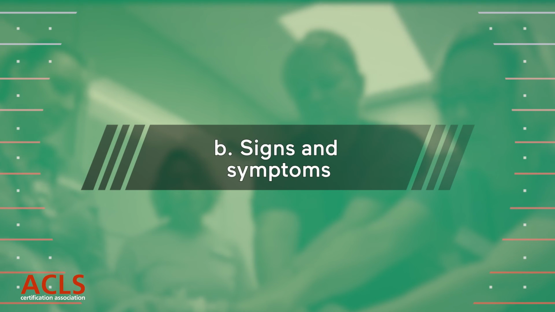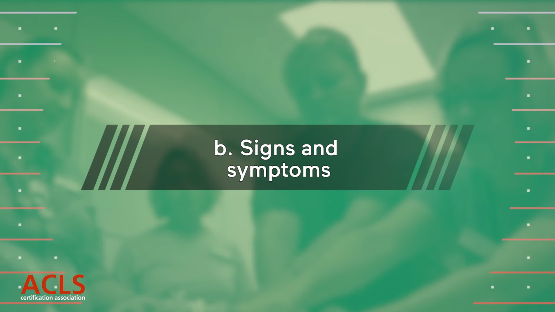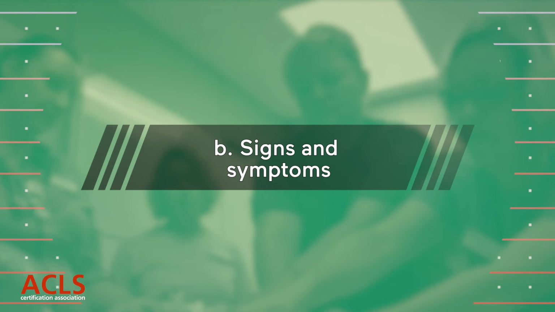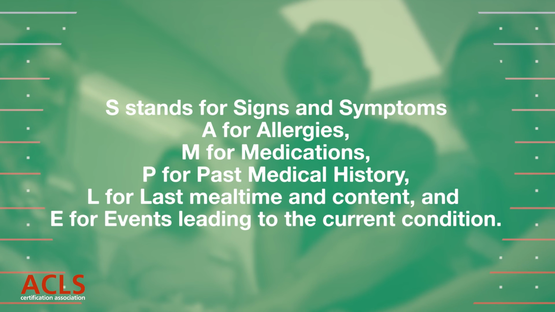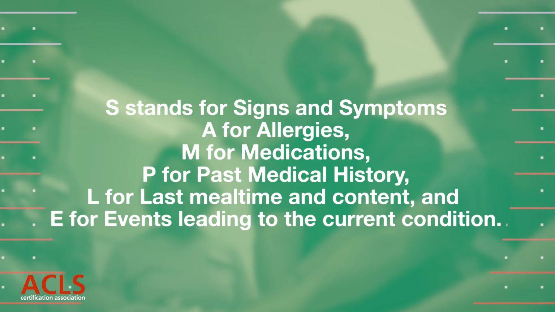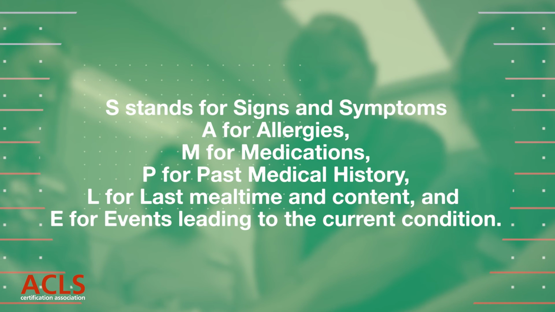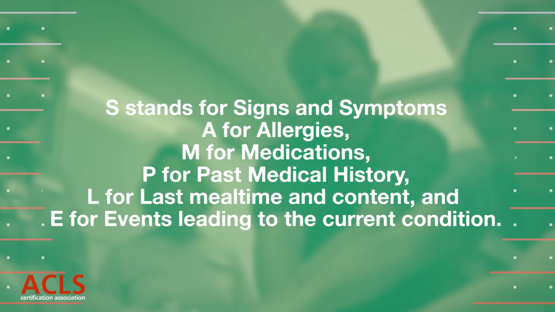Correct answer B. Signs and symptoms surrounding the current condition. A stands for allergies, M for medications, P for past medical history, L for last mealtime and content, and E for events leading to the current condition.